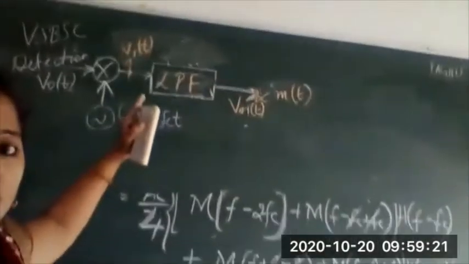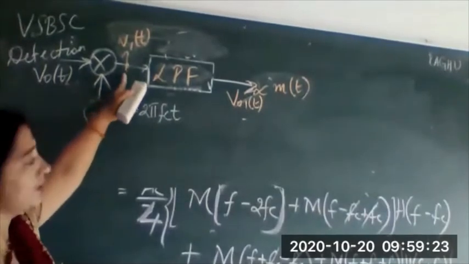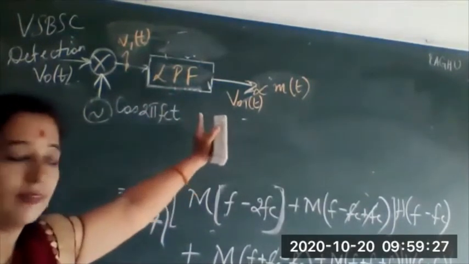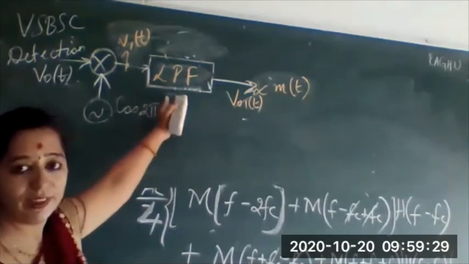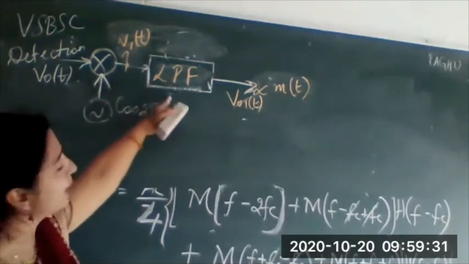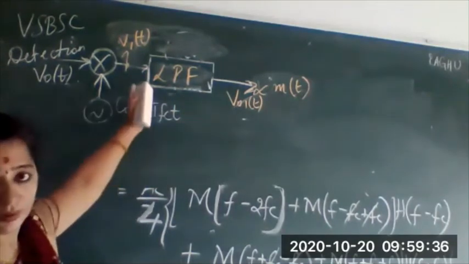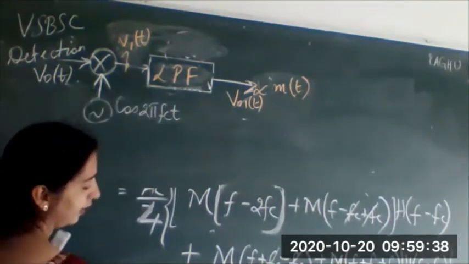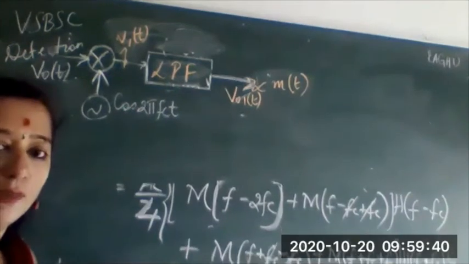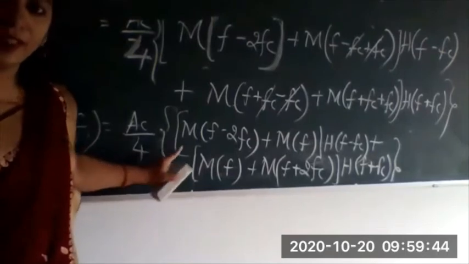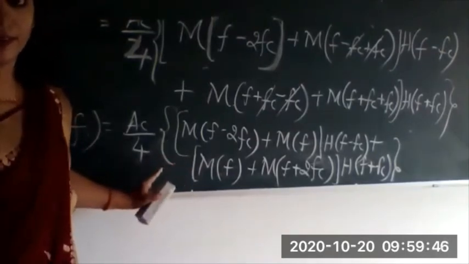This signal passes through a low pass filter next. In our detector, the next stage is a low pass filter. So since this passes through a low pass filter next, I have to isolate in the final equation what we had written. I try to group all the low frequency and high frequency terms.